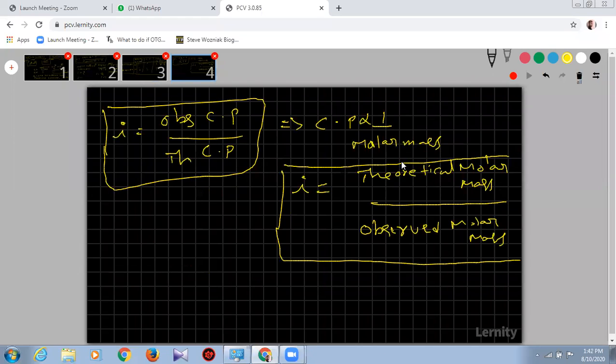When you apply this formula, majorly in the case of association, you won't need to apply this formula in the case of dissociation. Hope you are clear on when you should apply it. Majorly you can apply it in the case of association, not dissociation.